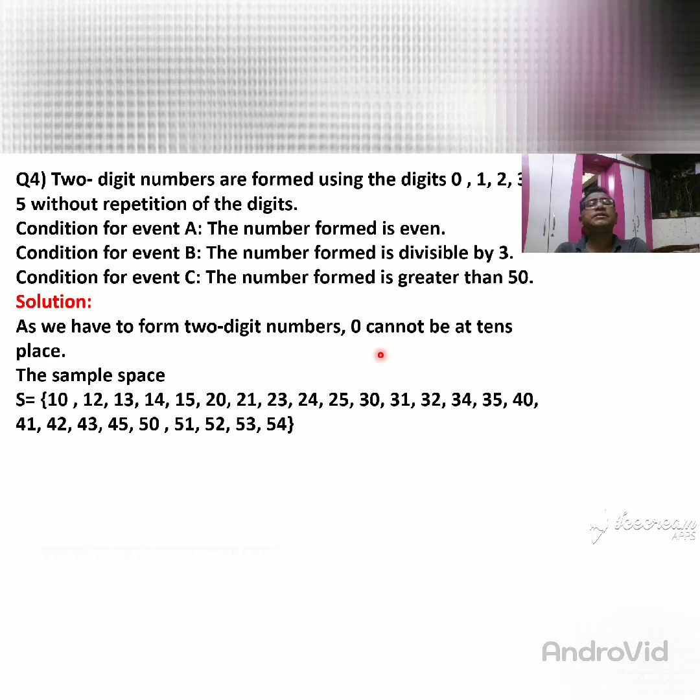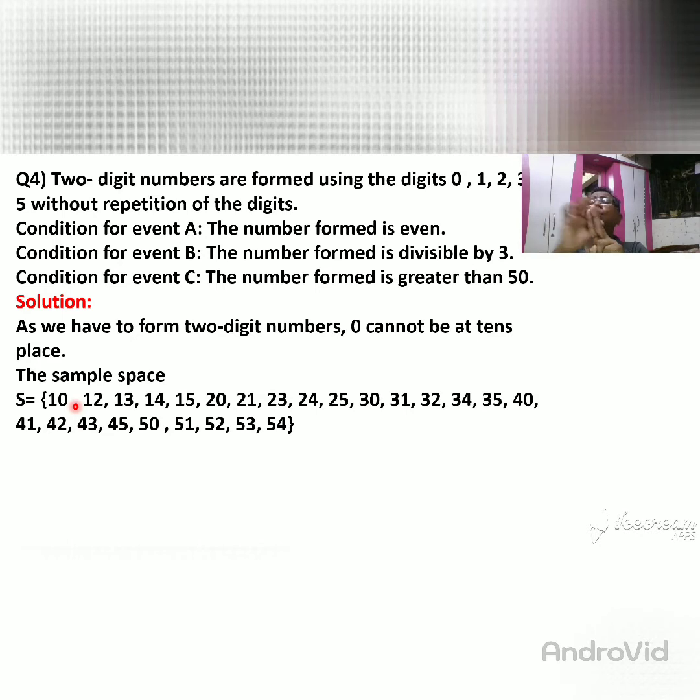I am writing this because some students think that since you have taken 0, 1, 2, you can write numbers from these digits, but there is one condition: you don't repeat the digit. Repeat means what? See, 1 0 is a 2 digit number. But if I write 1 1, then it is called repeat, because 1 is at the unit place and 1 is at the tens place. Similarly 2 2 is repeat.